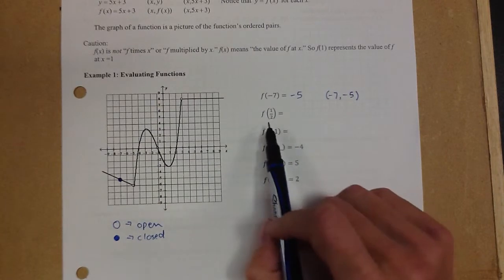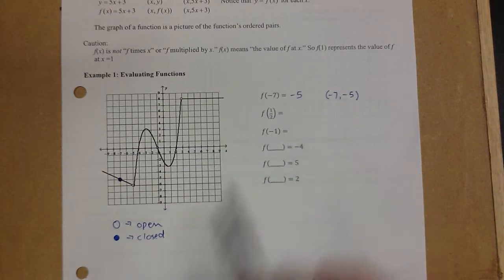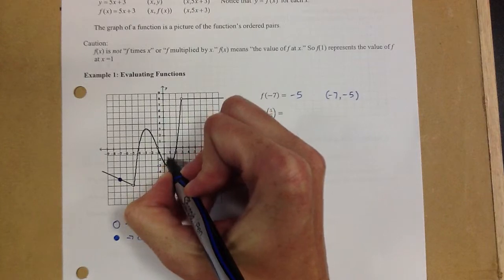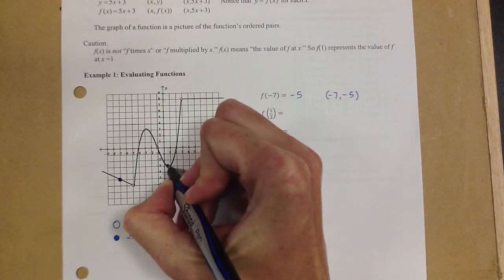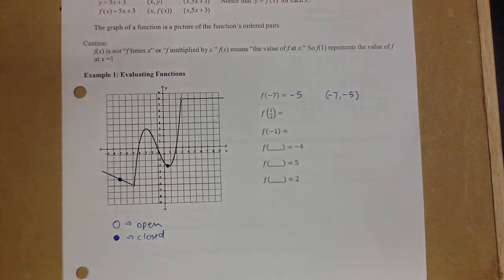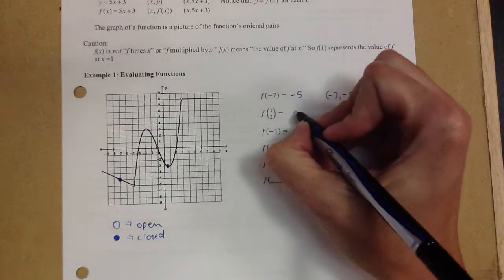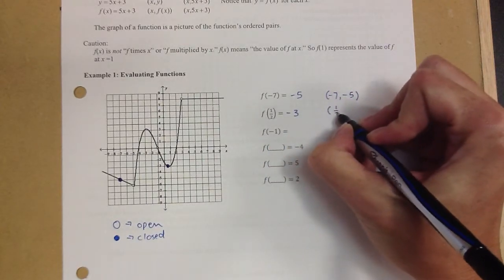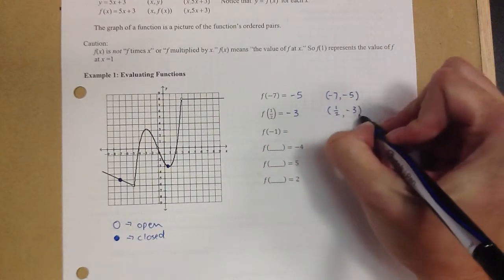The next one we have, f of a half. So we have a half where the x is. So on your x-axis, go over a half, and then we'll go down. And there's our point. We're at -3. So f of 1/2 is -3. So I have the point 1/2, -3.